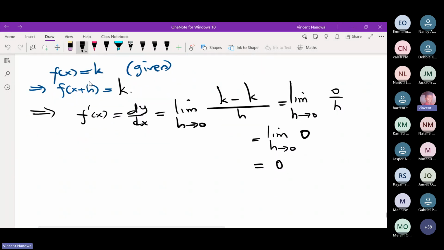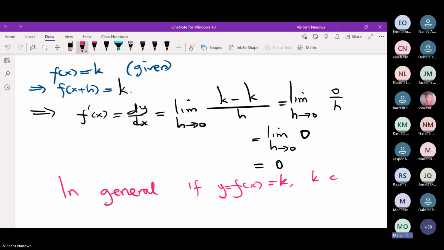So we are saying, in general, if y equals f of x equals k, then f prime of x, which is dy dx, will be given by 0.